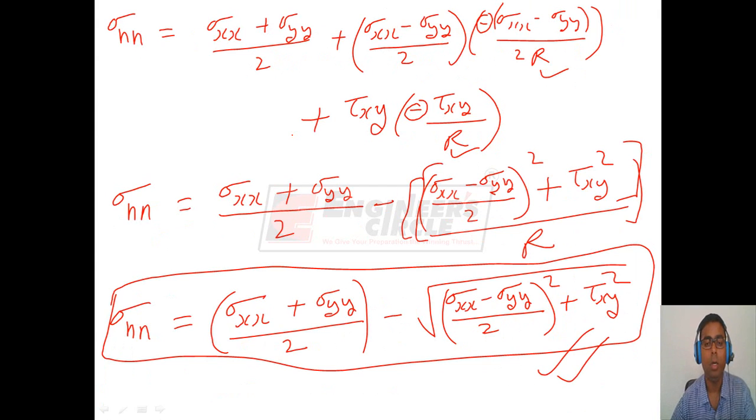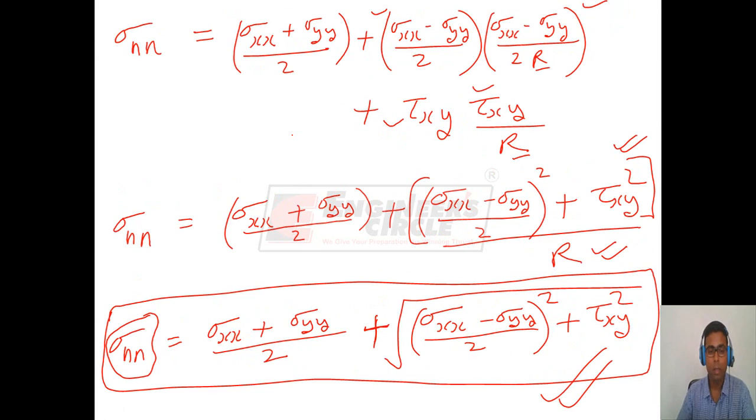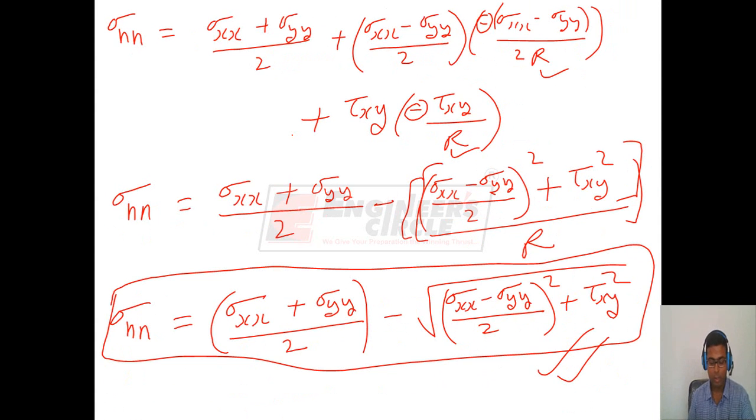So now we have got the maximum and minimum values of normal stresses at a point. We will designate the maximum value of normal stress at a point by sigma 1 and the minimum value of normal stress at a point by sigma 2. So we get sigma 1 as this term and sigma 2 as this term.